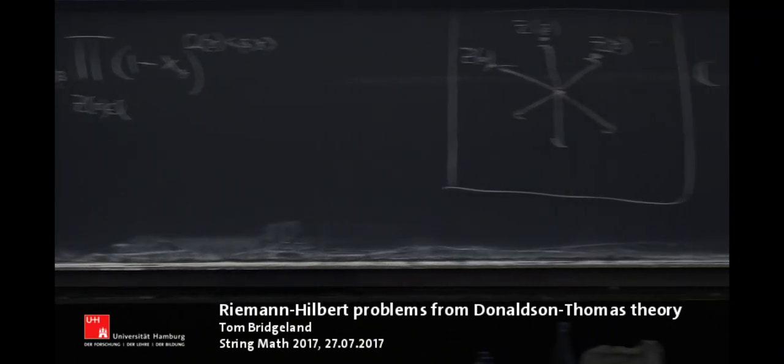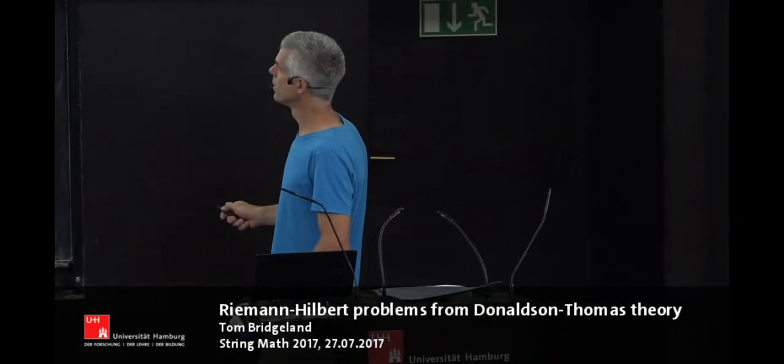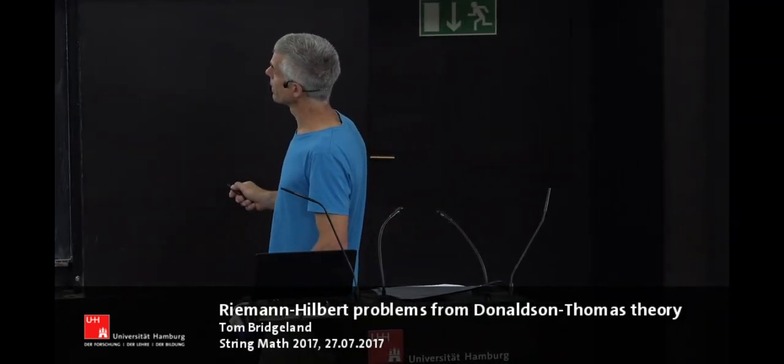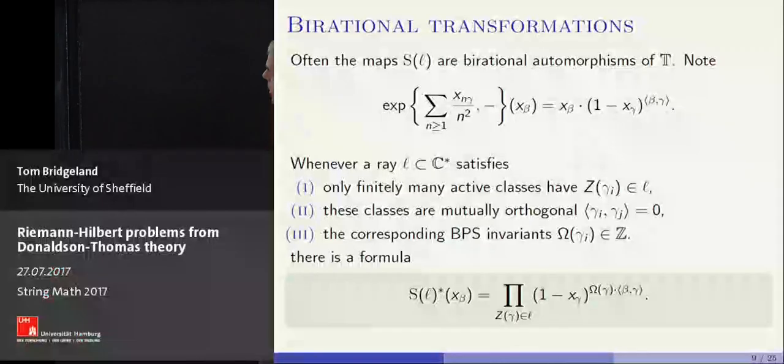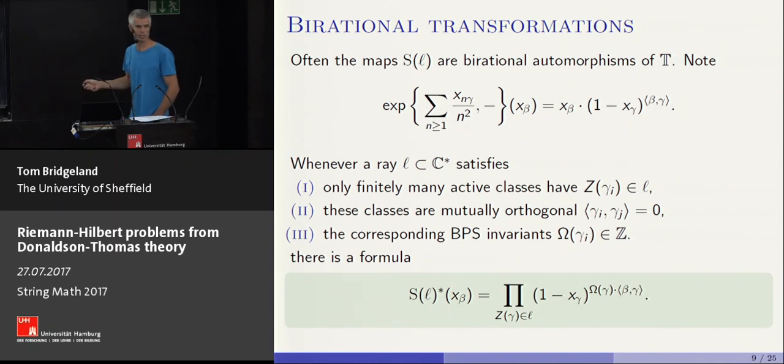Yeah, so the thing to bear in mind is that a character jumps by something which is the bracket of the thing you're interested in with the thing that is causing the jumping. So in particular, if something is orthogonal to the things that are causing the jumping, then it won't jump at all. That's an important thing to bear in mind.